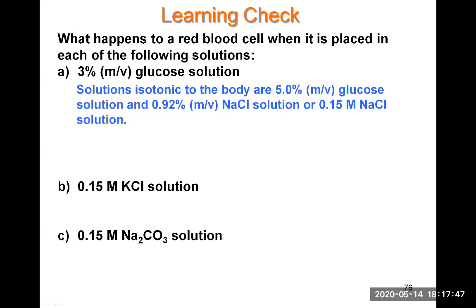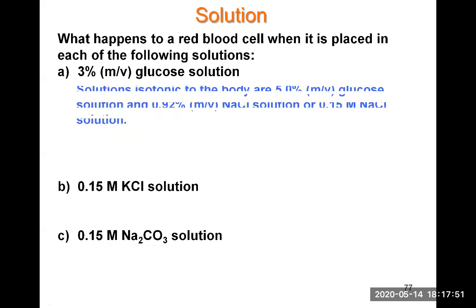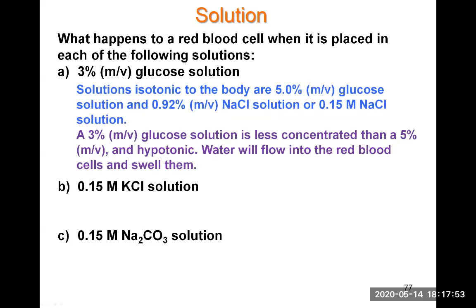And so water will move into the cells and swell them. A 3% glucose solution is less concentrated than a 5% by mass per volume glucose solution, and so it's considered hypotonic. And so water will flow into the red blood cells and swell them.